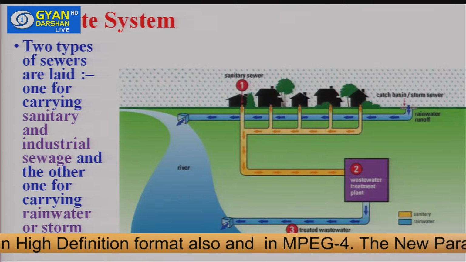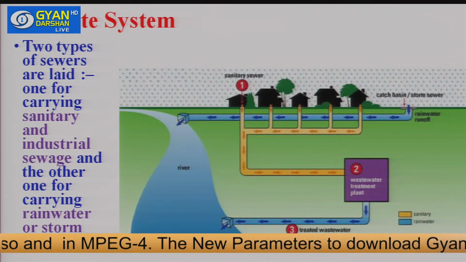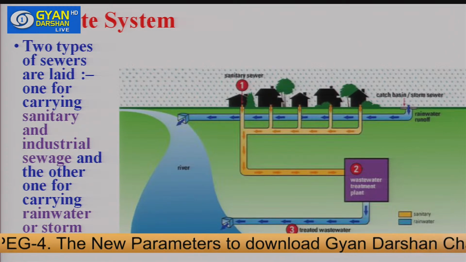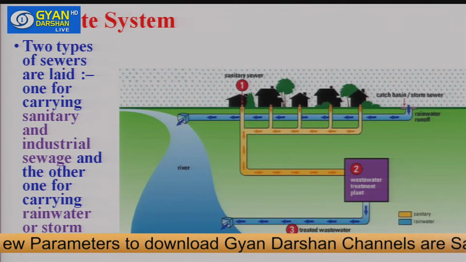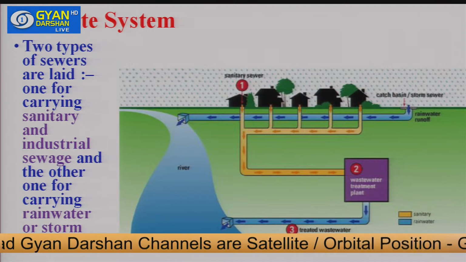Otherwise it gets accumulated at some point and causes shabby scenes and may also become a breeding point for mosquitoes, which cause many diseases. So just to avoid such a situation, we have to collect, transport and dispose of the storm water or rainwater also.